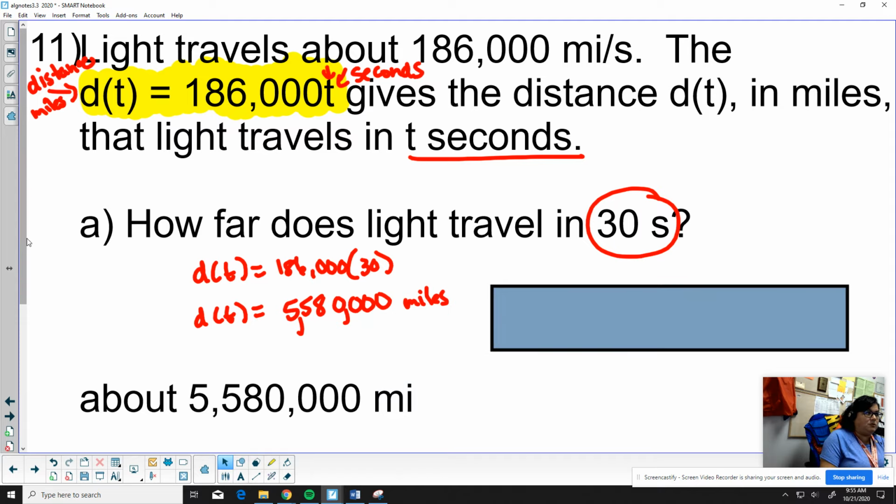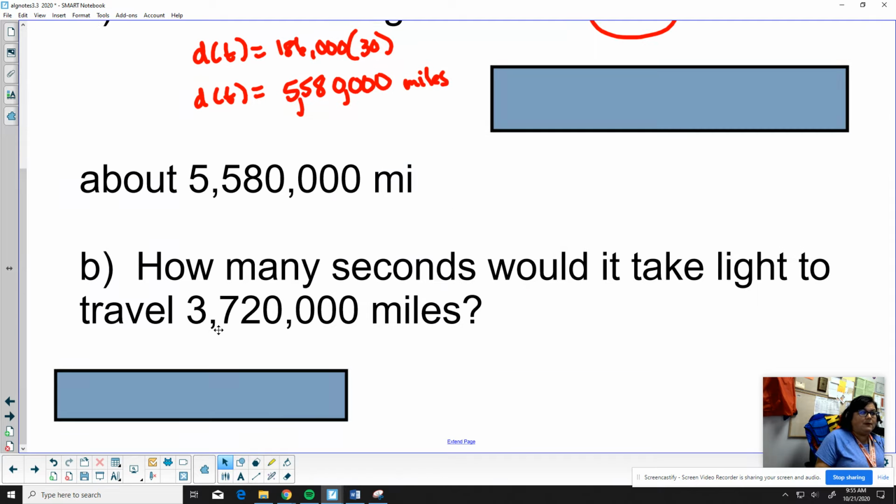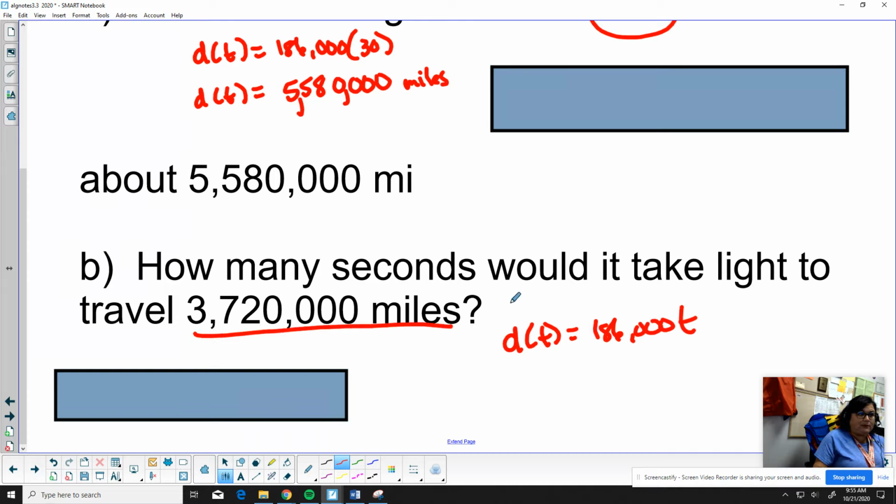Okay, and then I'm sure B is the other way around. Yep. So this time it's giving me the miles. So I take that same equation, and this time, because it's giving me miles, I'm going to put it in here. So 3,720,000 miles equals 186,000 t. If I want to get this t by itself and they're multiplied, hopefully you know that we have to divide.